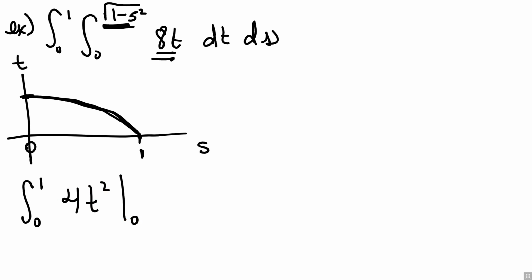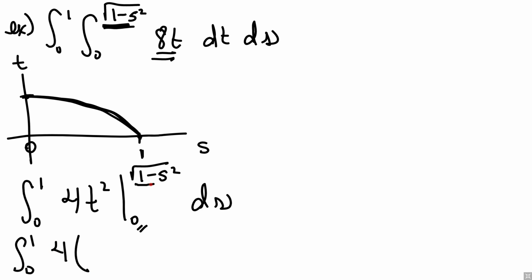We're going to evaluate it from 0 to the square root of 1 minus s squared. And then we're going to integrate with respect to s. All right. So again, the nice thing with this, since the lower limit is 0, this is going to be 0, so we don't really have to worry about this. So we're going to end up with the integral from 0 to 1 of 4 times, if we square this, we're just going to end up with 1 minus s squared, ds.